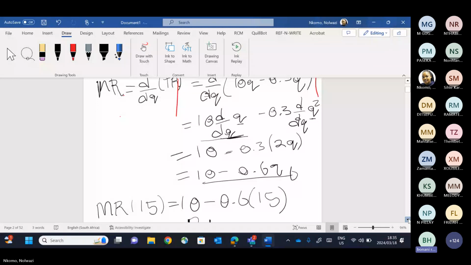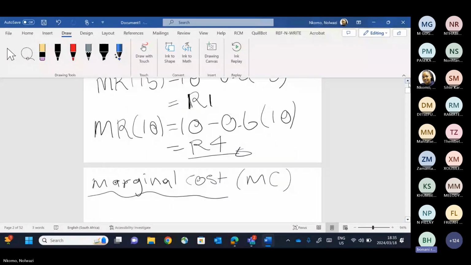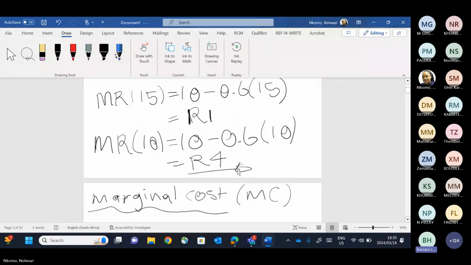What I was noticing is that with 15 units it gives us 1 rand's profit when you're adding more units, and the fewer the units, the higher the profit, because with 10 units it is 4 rand and with 15 it is 1 rand.